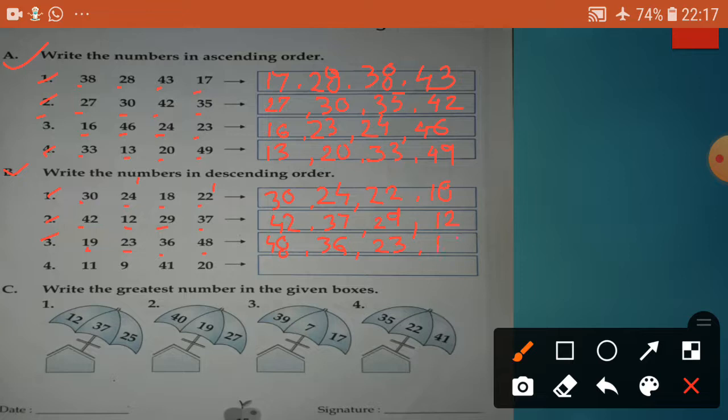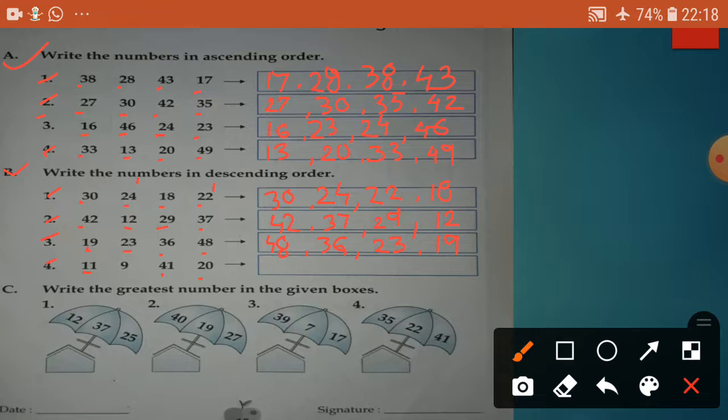19. 1 9. Okay. Number 4. See. 11, 9, 41, 20. Okay. So see, 9 ones. 9 ones. 11, 1 ten, 4 tens, 2 tens.